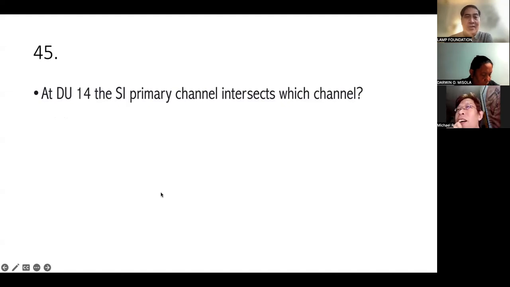Number 45. At DU14, the SI primary channel intersects which channel? The bladder channel at bladder 41 and bladder 11. Okay. What is the significance of this, talking about the bladder and the SI?